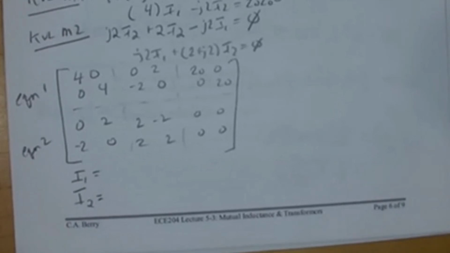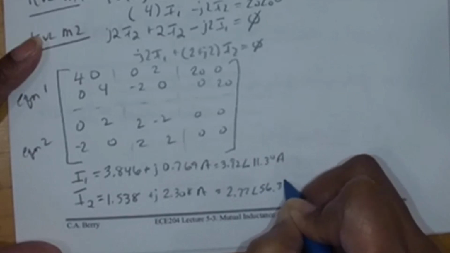Okay. What is I1 and what is I2? I'm putting my answers on the dot cam and you confirm whether you get the same answers or not. I'll give it to you in rectangular and polar form. Okay.